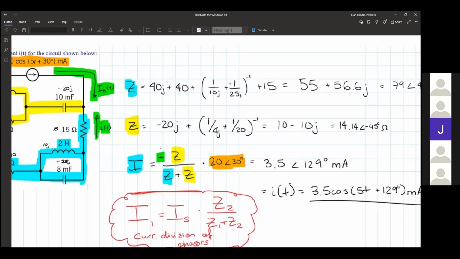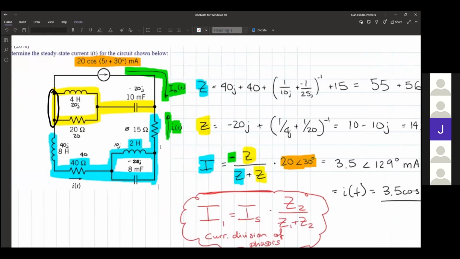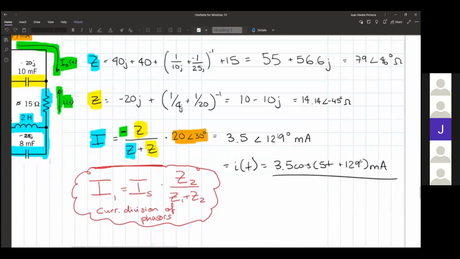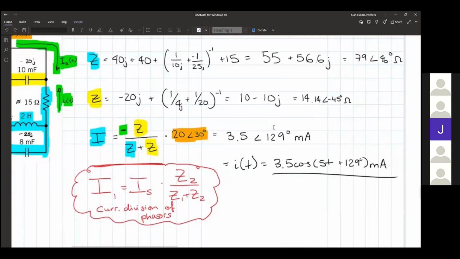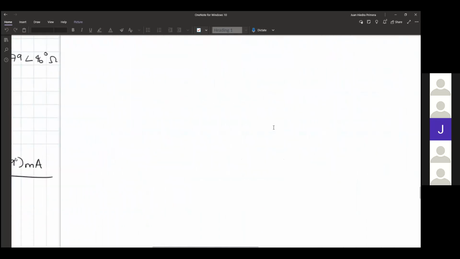Minus 20 plus 1, all inverted. Okay, so that does not work out to this, so I'll just move over here quickly.